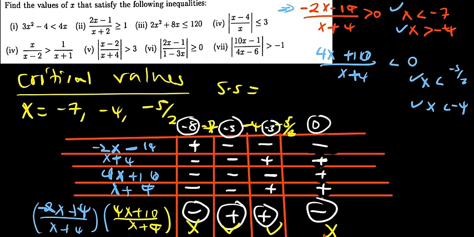Let's first redo which part? I want us to redo this part. When we put negative 3, what are we going to have? Are we going to have positive or negative? Let's see.